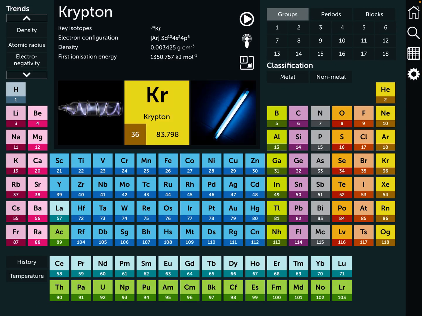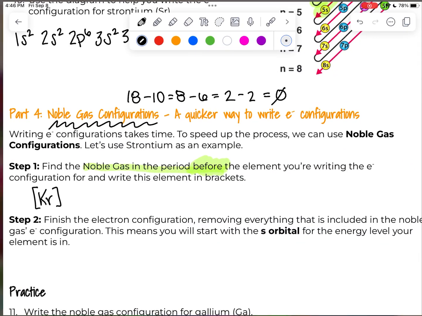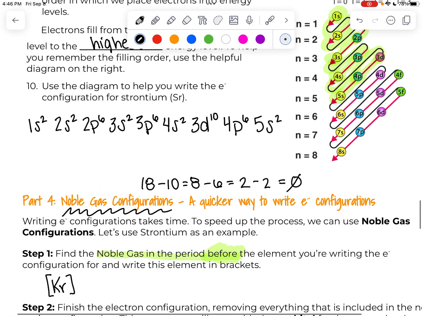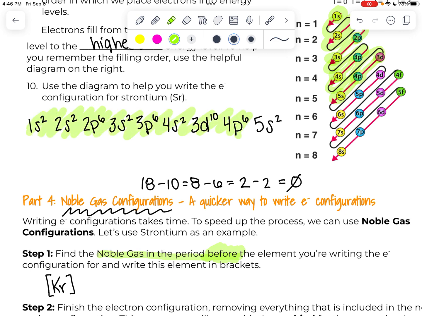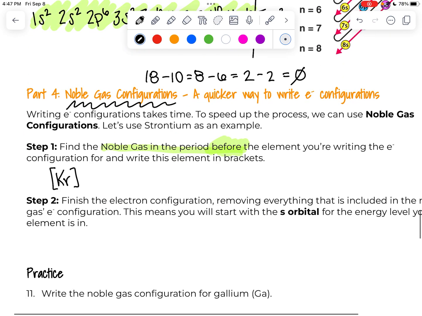Krypton's electron configuration, if you did it, would be, let me go back to strontium, everything here. Krypton's electron configuration is exactly all of this, ending at this space right here. So the bracket Kr takes care of all of that highlighted information. It's saying that I'm accounting for all those electrons just by calling this noble gas configuration.